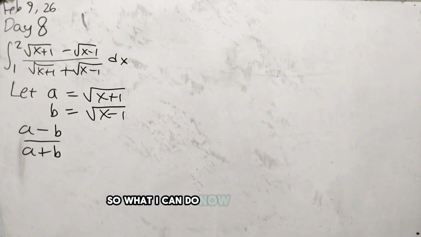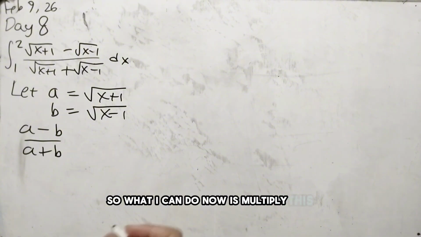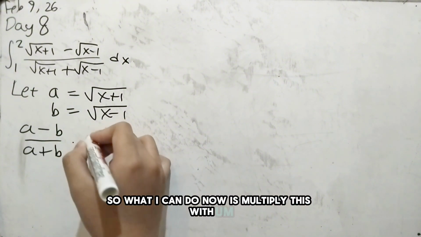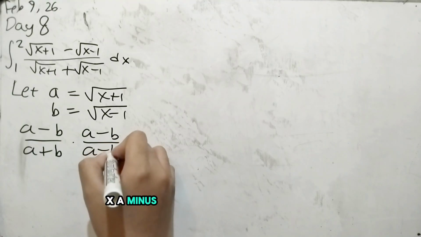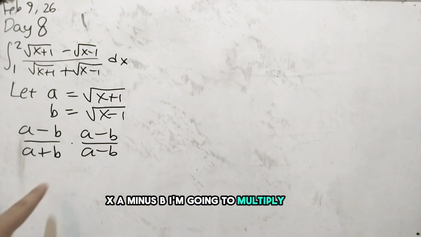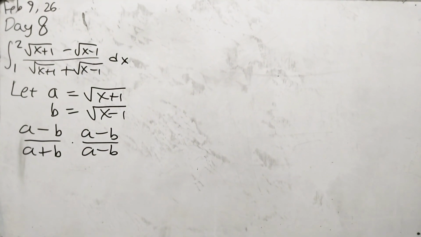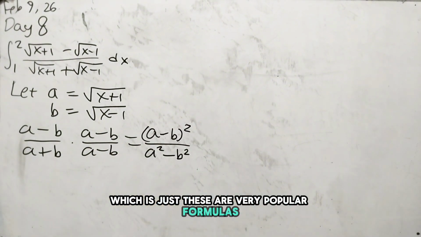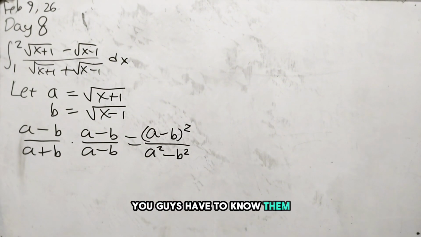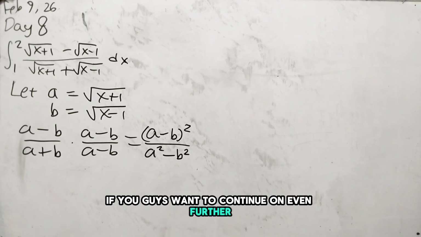So what I can do now is multiply this with the conjugate, a minus b. These are very popular formulas. You guys have to know them if you want to continue on even further.